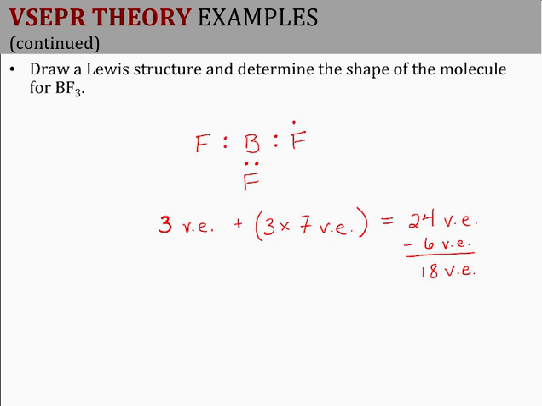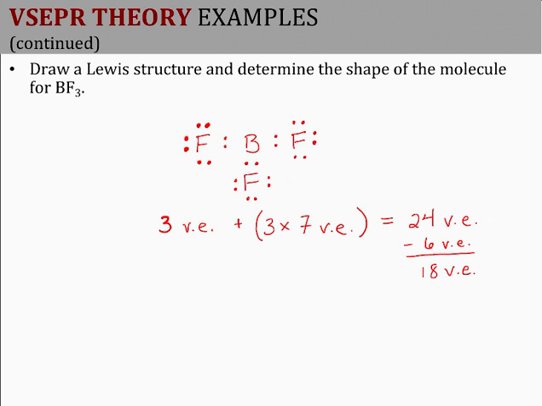So we're going to add 2, 4, 6 electrons to the first fluorine, and then 2, 4, 6 electrons to the second fluorine, and 2, 4, 6 electrons to the last fluorine. All right, so now each fluorine has 8 electrons.